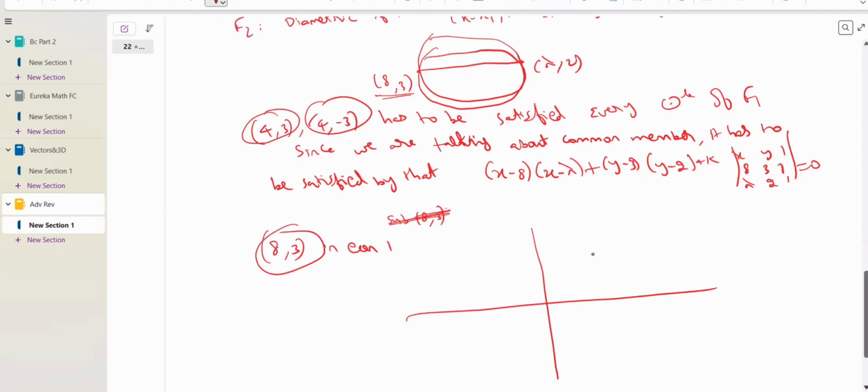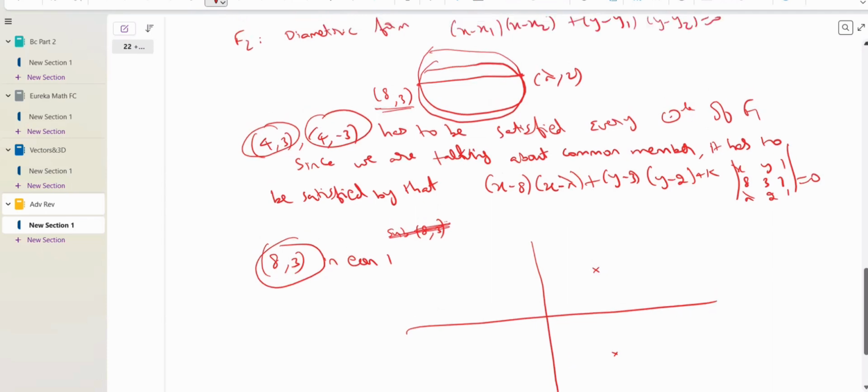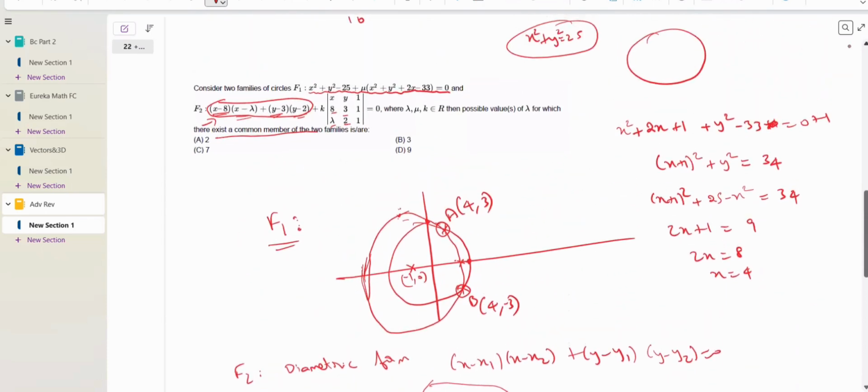Yes. But 4, 3 and 4, minus 3. But that's not possible to say for 8, 3. No. But they look on the same straight line. What's going wrong? Maybe it was a trap.